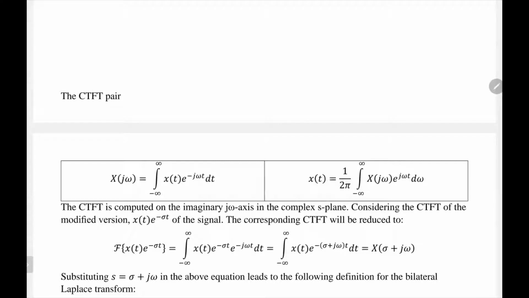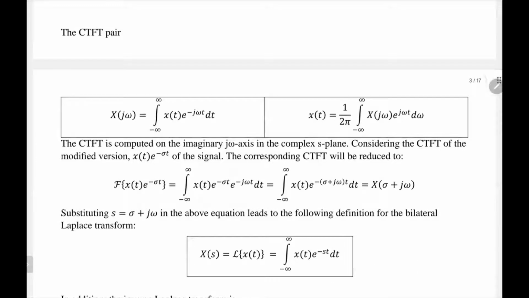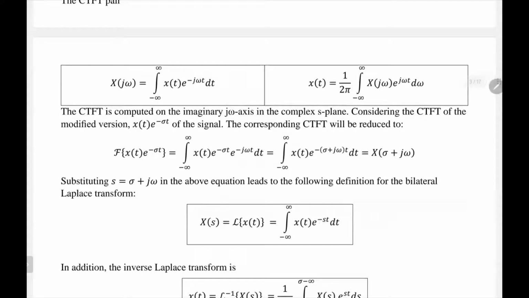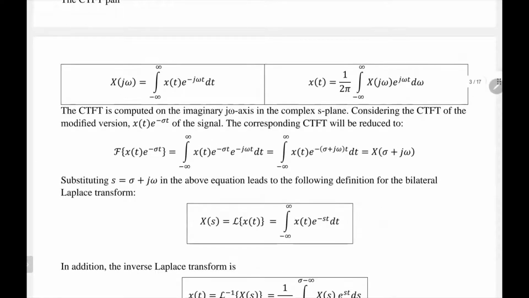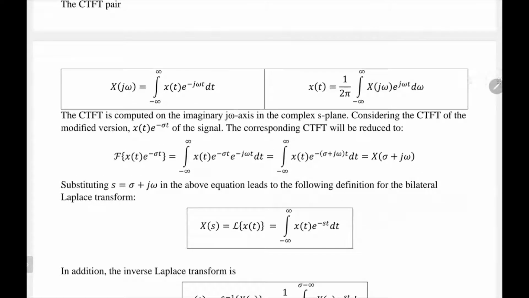We call it e to the power minus st. Instead of multiplying by e to the power minus j omega t, it's e to the power minus st. And s is a symbol that equals sigma plus j omega, so it has a real part and an imaginary part. So that's more general. So it's more general.